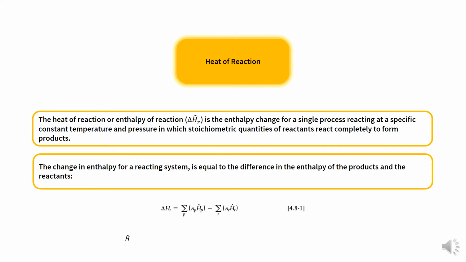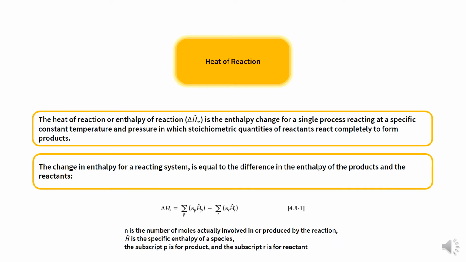The formulation can be seen in the following equation, where n is the number of moles actually involved in or produced by the reaction, and H is the specific enthalpy of a species, and the subscript P is for product, and the subscript R is for reactant.